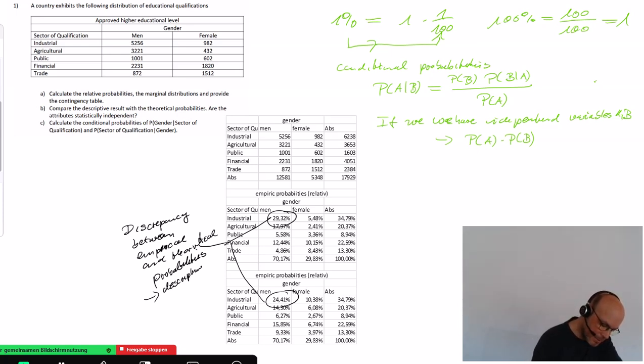Descriptive hint that A and B are not independent.